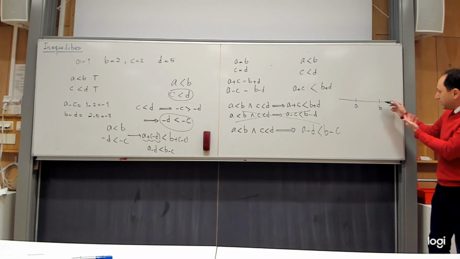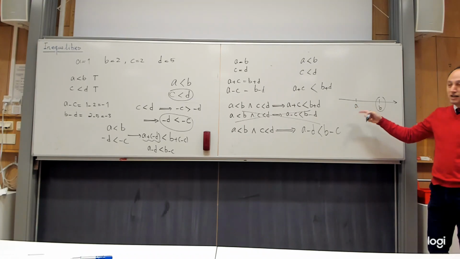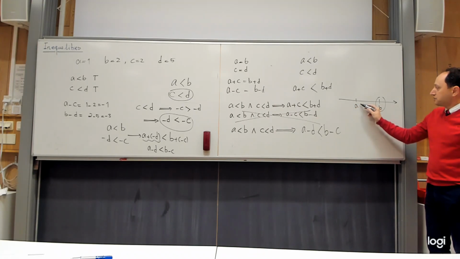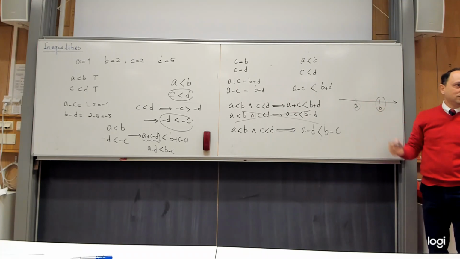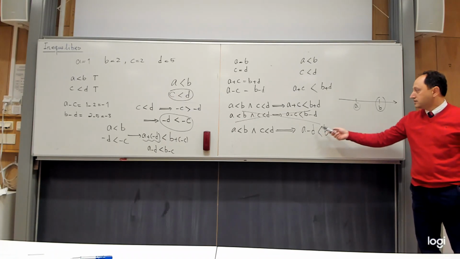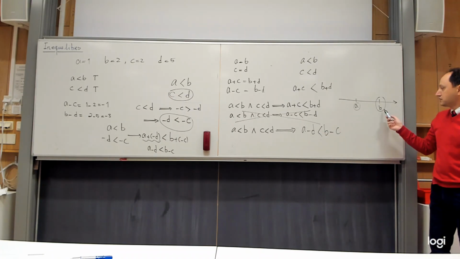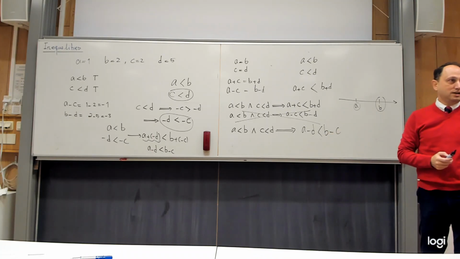B by itself is larger than A. Now what I am doing, I am subtracting D from this, I am subtracting C from this, and I know that D is larger than C. Even if I don't do this, this is always greater than that one, let alone that I subtract a bigger number from this one and a smaller number from that one. So this is clearly A minus D should be less than B minus C.